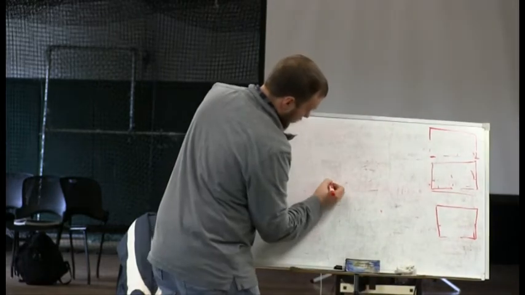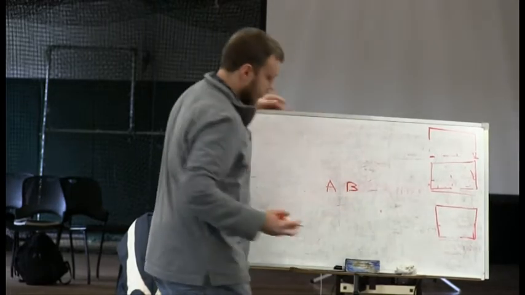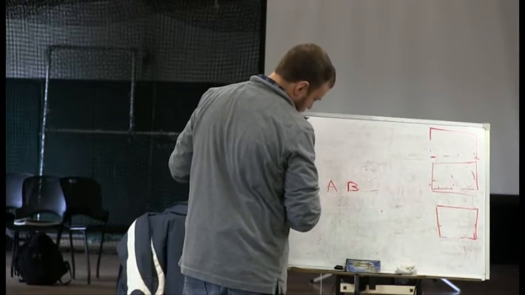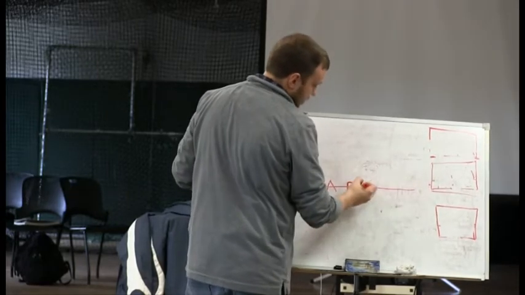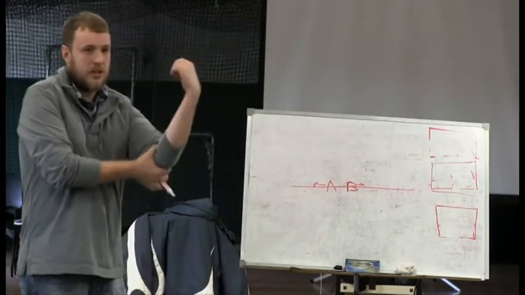So we're going to have character A, character B. So here's our 180 degree line. Character B is facing this way, character A is facing this way. Okay, they're not even looking at each other.